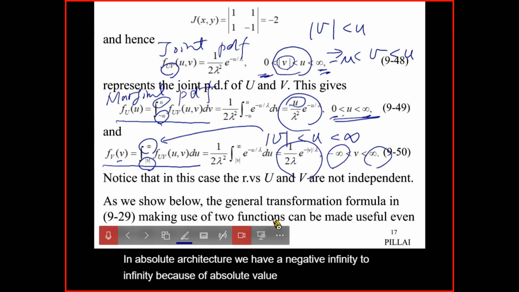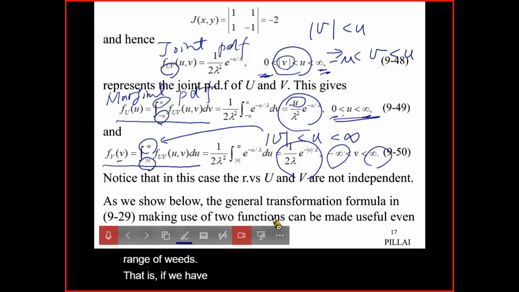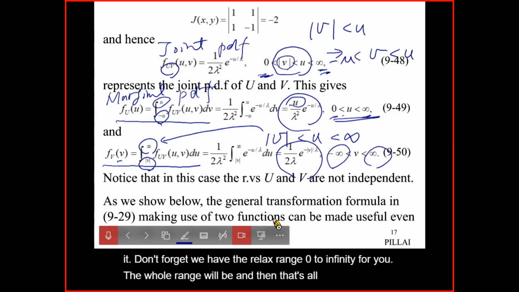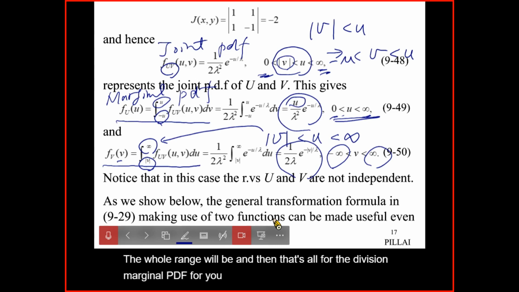But remove it, and we have the entire range, the whole range for V. If we have the relationship, you can derive it, but finally don't forget we have the range, 0 to infinity for U and the whole range for V. That's all for the derivation of the marginal PDF for U and the marginal PDF for V.